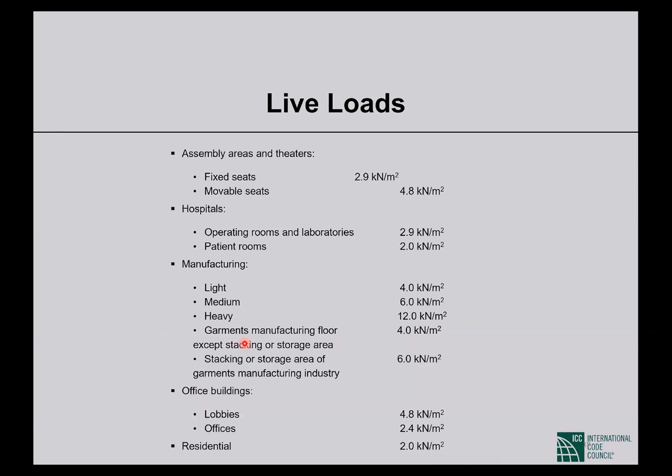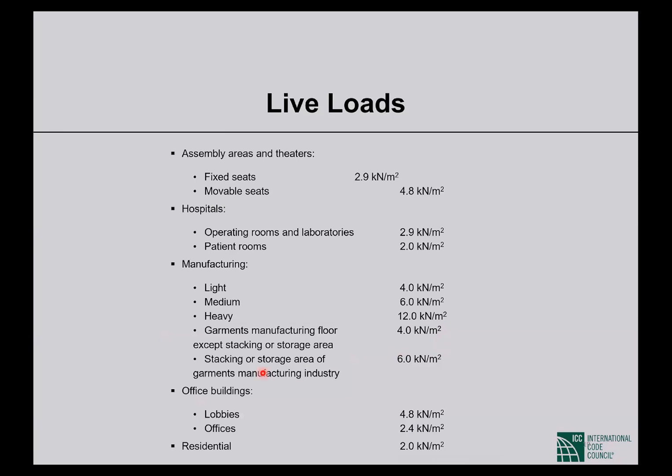One is for common floors, without the storage area. The recommended live load is 4 kilopascal, 4 kilonewton per meter square, which is equivalent to 80 PSF.